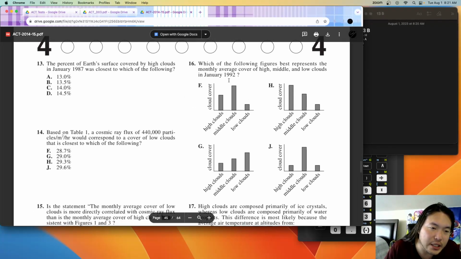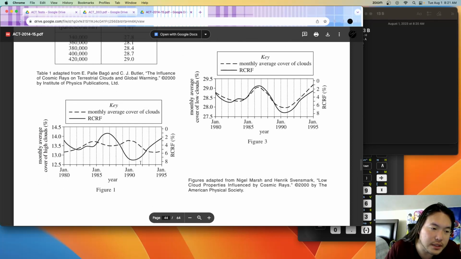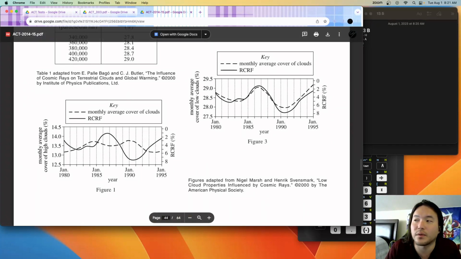So we're looking for January 92. 92 is over here. Cloud cover. This one looks like 13.4 to me. Maybe 13.3. Let's go with 13.3.